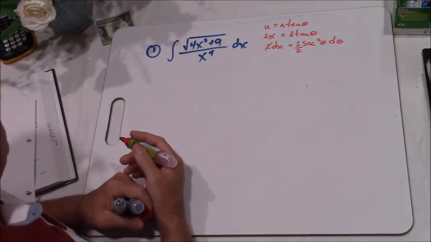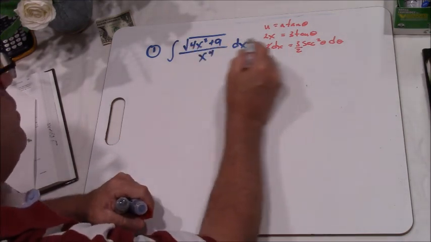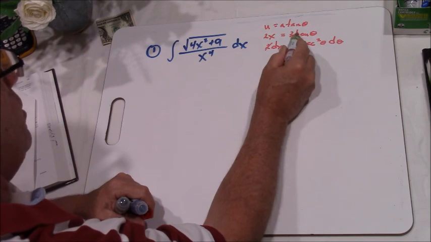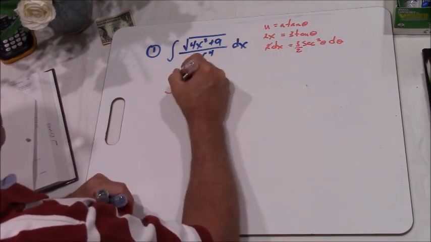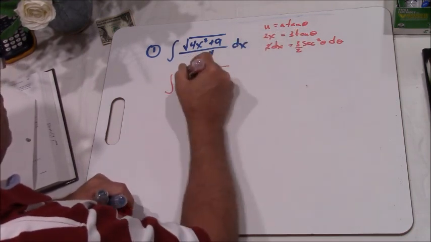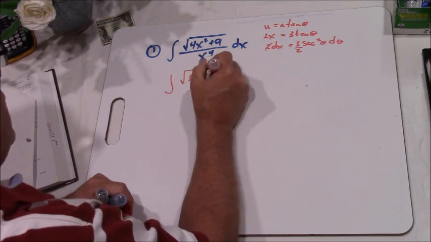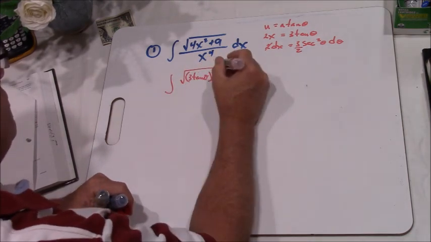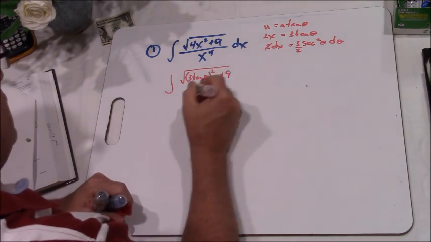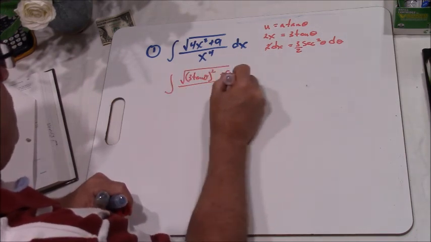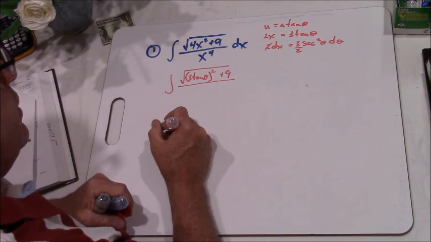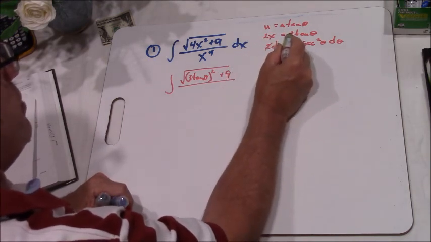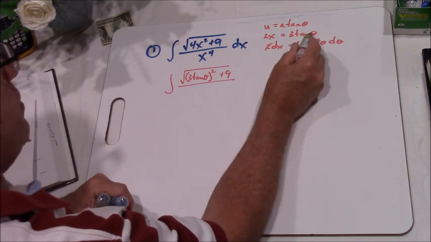All right, so let's see. 2x, which is what's being squared here, is going to equal this. So what I want to do is put in a 3 tangent theta and square that, plus 9, over... let's see, so x is going to equal 3/2 tangent theta.